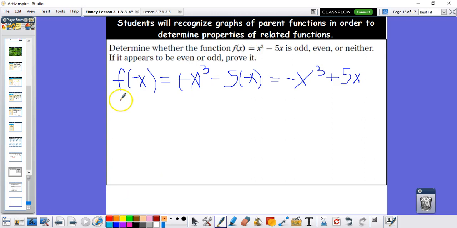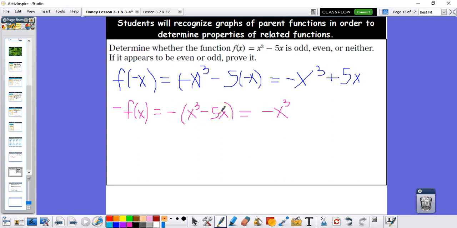So now what I've got to do is find out what is the opposite of the function. So I'm going to do the opposite of f of x, which means I'm going to take negative times that whole function, which is x cubed minus 5x, and I'm going to distribute that. Negative times x cubed, negative x cubed.